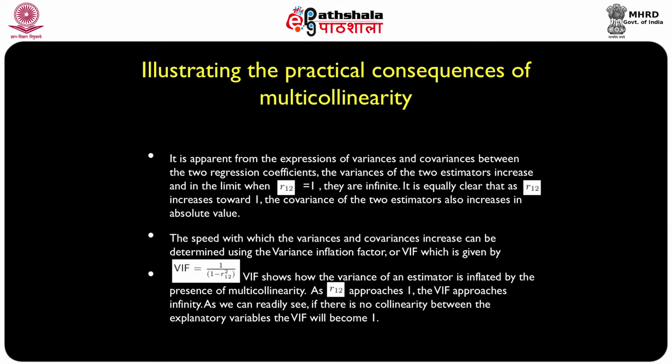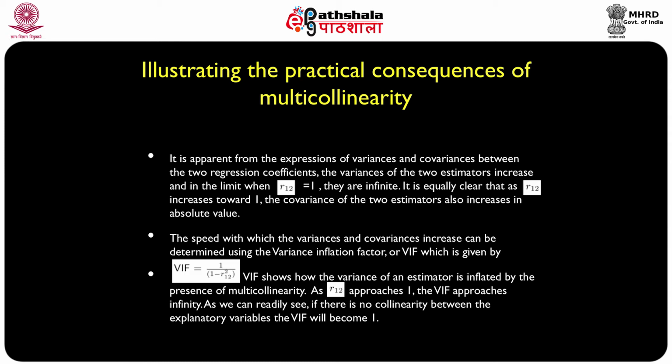As we can see from the expressions, in the denominators of both variances and covariance, we have 1 minus r12 square. Thus, as r12 tends to 1, 1 minus r12 square tends to 0 in the denominator. Thus, variances and covariance between the regression coefficient estimates tend to infinite values with the increase in r12.